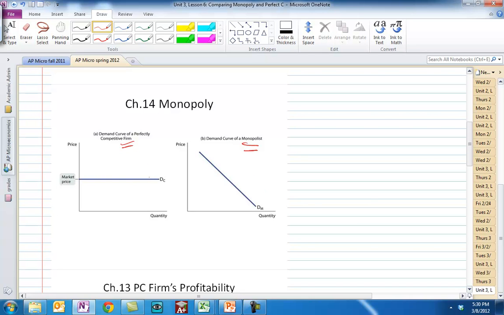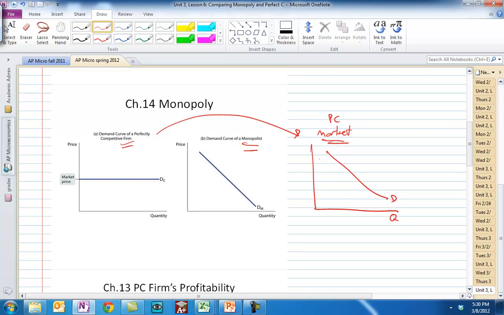That's true of the firm, but for the market, I want to make another addition to this graph. For the market in perfect competition, remember that it also faces a downward sloping demand curve. And we could even say that this perfectly competitive market demand curve would be exactly the same as a monopoly demand curve if we're talking about the same good here.